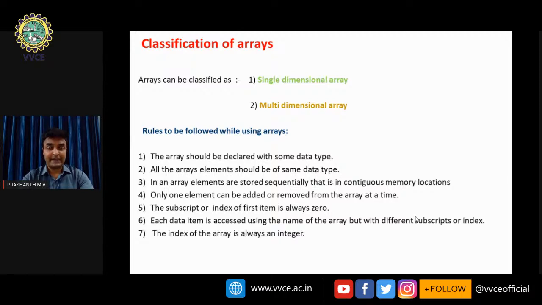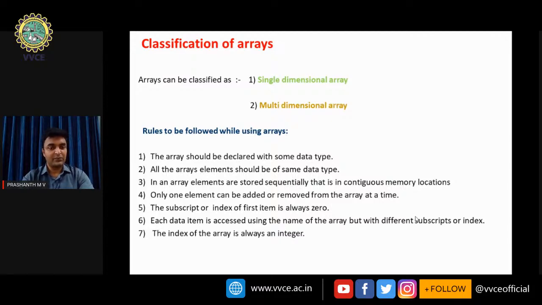That data type indicates what type of data I am going to store in the array. For example, if I use int as the data type, then the values stored in the array will be of integer type. If I use float as the data type, then the values stored in the array will be of floating data type, that means fractions like 0.3 or 3.0.